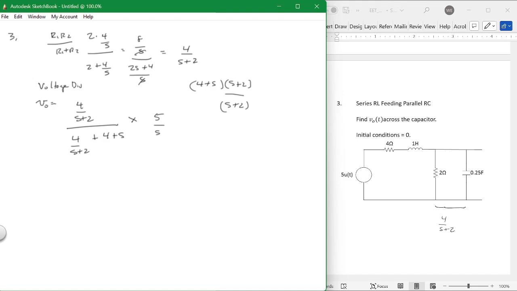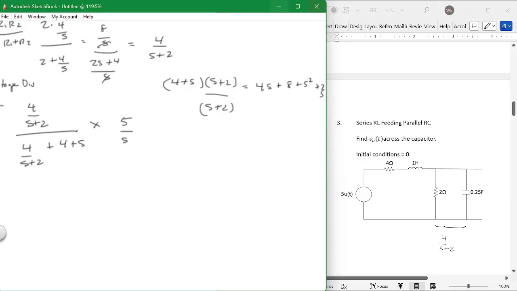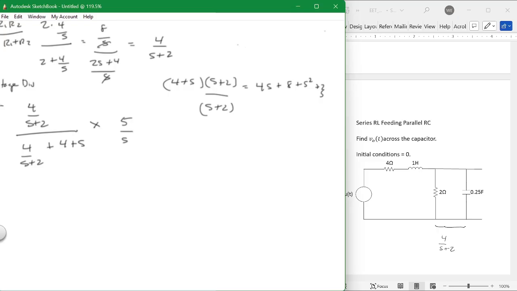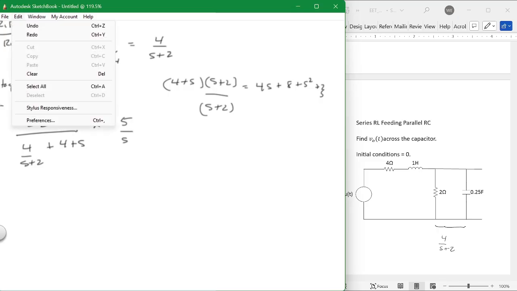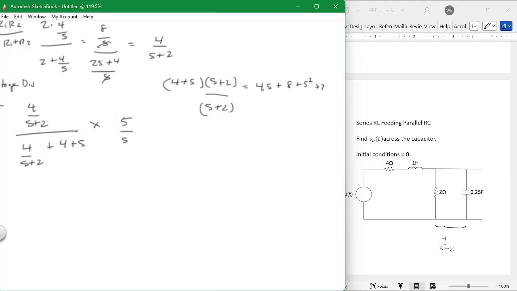You got to say 4 is equal to what? 4S plus 8 plus S squared plus 2S. Does everybody agree with that? It's 4S plus 8 plus S squared plus 2S.